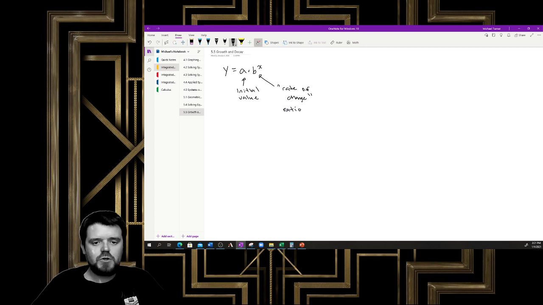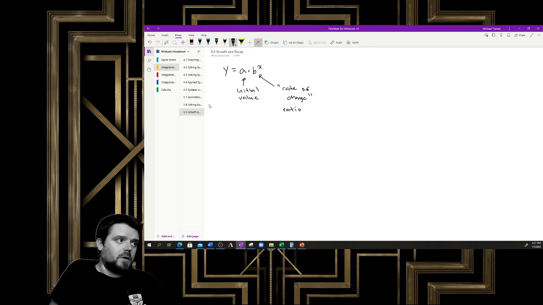Remember from 5.2, linear functions follow a pattern of repeated addition or subtraction, whereas exponential functions follow a pattern of repeated multiplication. So we're going to be using this equation primarily for our purposes. Also, we're going to be looking at one that's slightly tweaked, which is what's known as the compound interest formula. Okay?